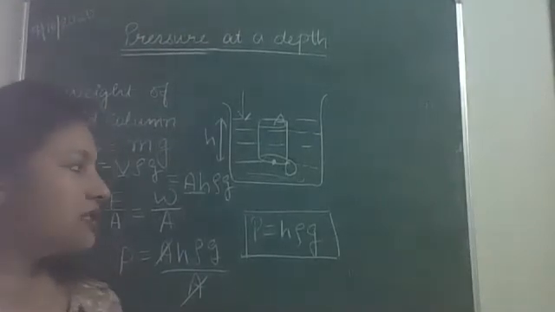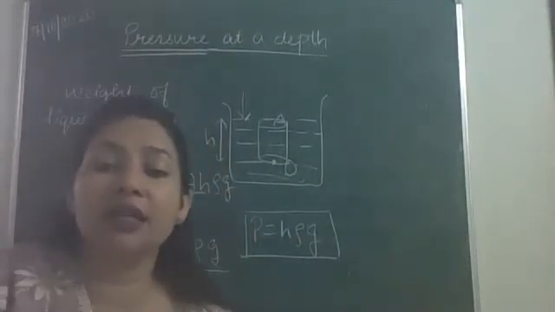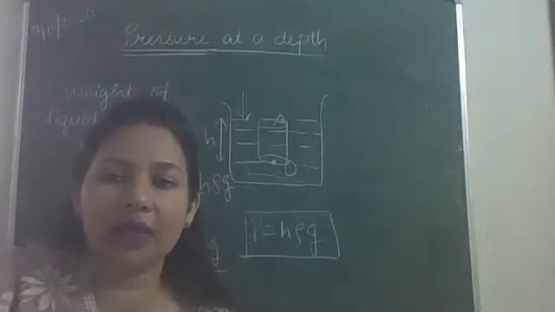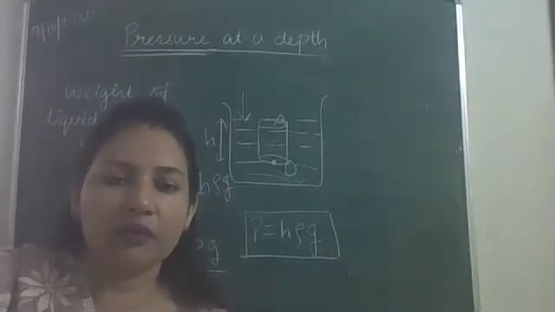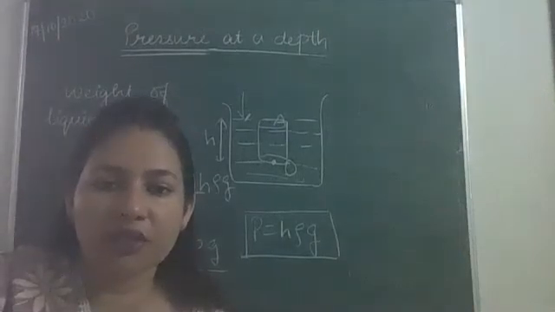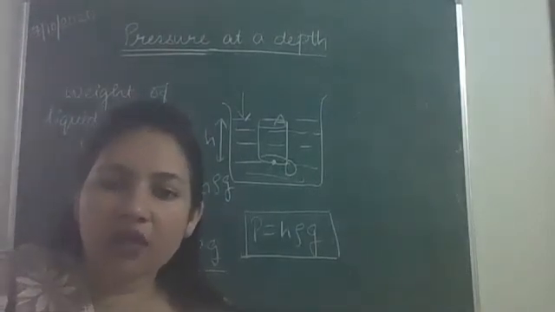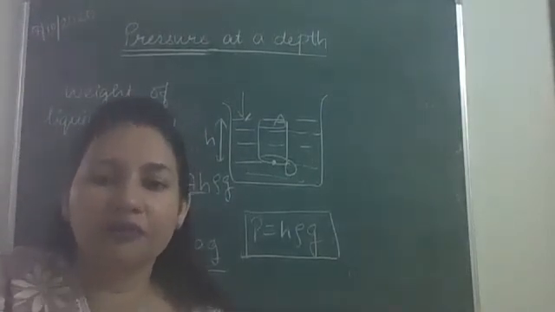Second example is, where is the blood pressure in human beings greater, at the feet or at the brain? What do you think? Which is the liquid column in our body? Blood column, obviously. The liquid in our body is blood. So where is the blood pressure maximum, at the feet or at the brain? At the feet.